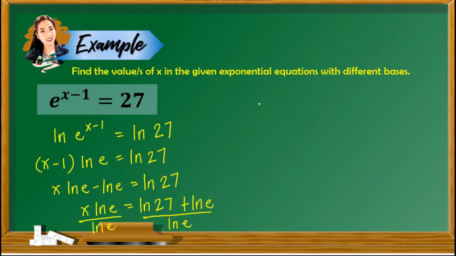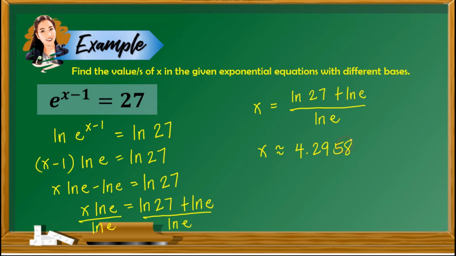So we now have x is equal to ln of 27 plus ln of e over ln of e. Pressing your calculator, you will get an answer of x approximately 4.2958. So this is the value of x for this exponential equation.